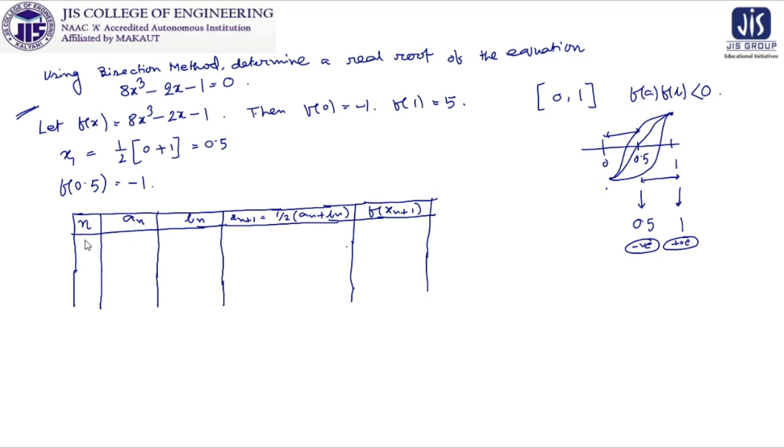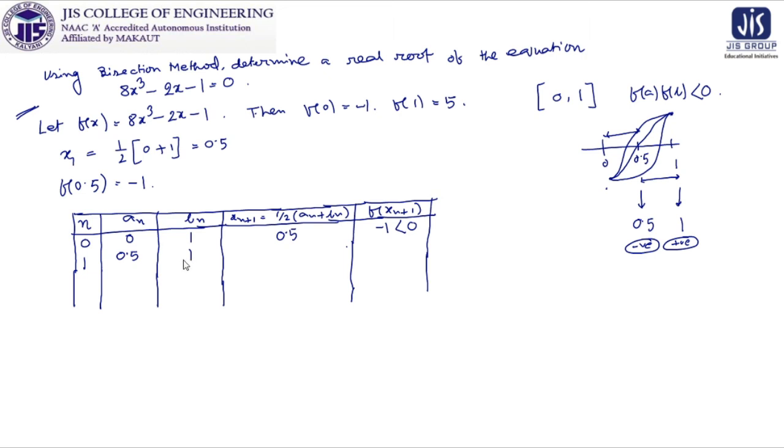So when n was 0, a0 was 0 and b0 is 1, and we get half of a0 plus b0, already done, that is 0.5, and f of xn is -1, which is less than 0. This indicates that when n is equal to 1, my bn will be kept as it was, but an will be replaced by 0.5, and bn is 1.